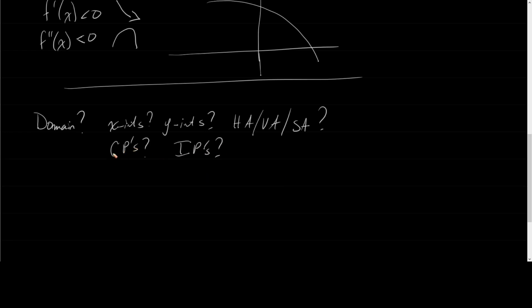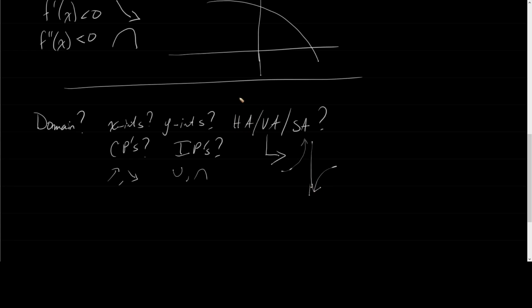Right. And along with the critical points, where it's increasing or decreasing, right? And with the inflection points, whether it's concave upwards or concave downwards. Also, along the vertical asymptote, is it going to be going up to infinity or down to negative infinity?